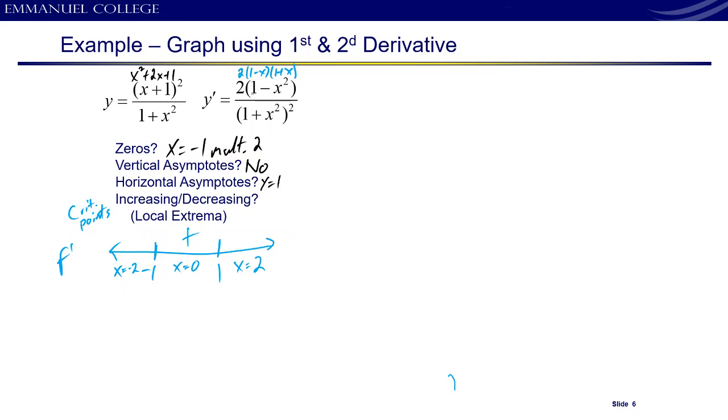If we plug in 2, I get 2 times 1 minus 4, which is negative 3. The denominator is always positive, so this is going to be decreasing. And if I plug in negative 2, I get the exact same result, 2 times 1 minus 4. So this one's also going to be negative.